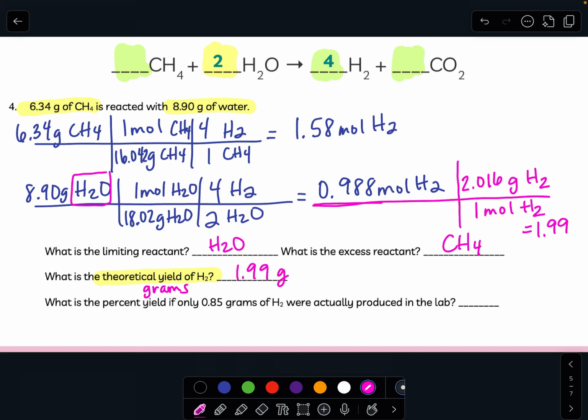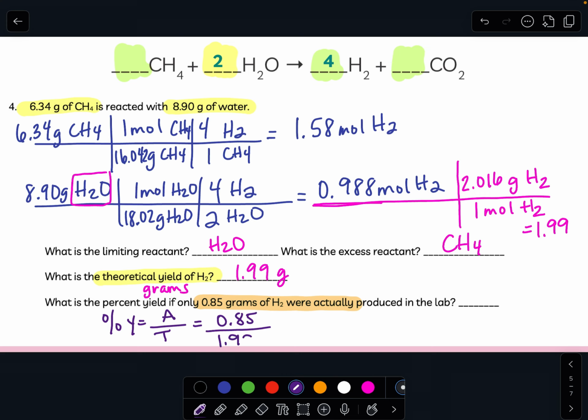And that's in grams. The last part of the problem wants me to find the percent yield. And again, we just use the A over T formula. 0.85 grams were actually produced. So that's going to go on the top where the A is.